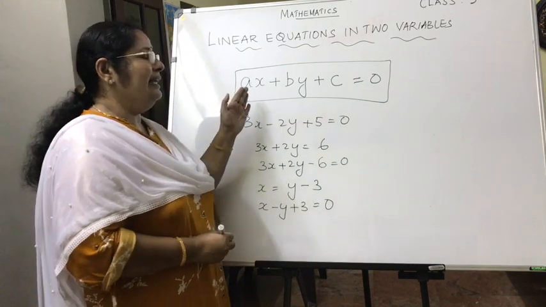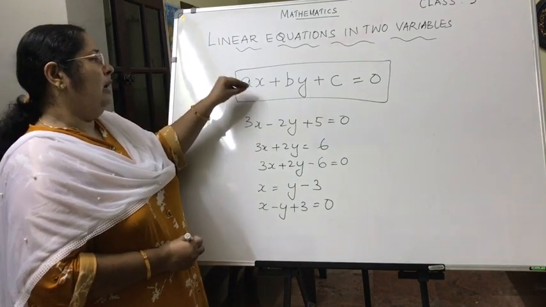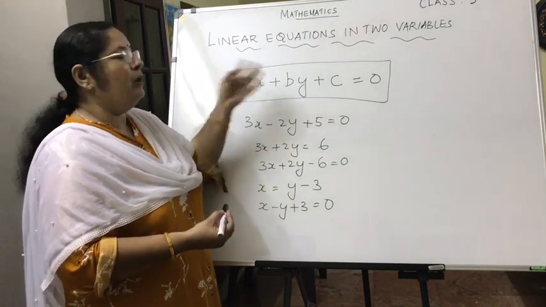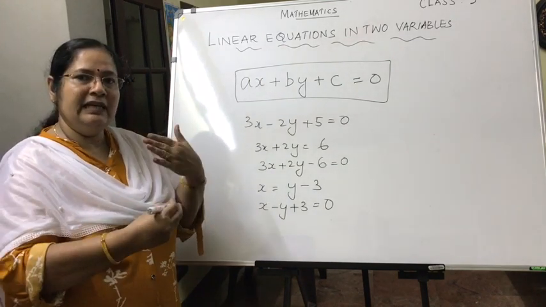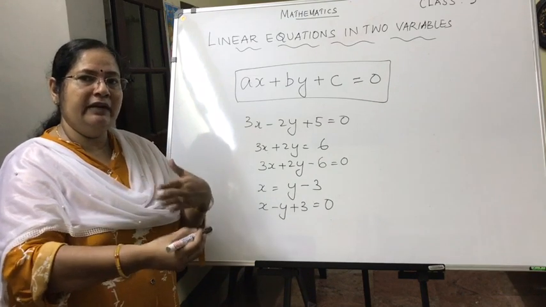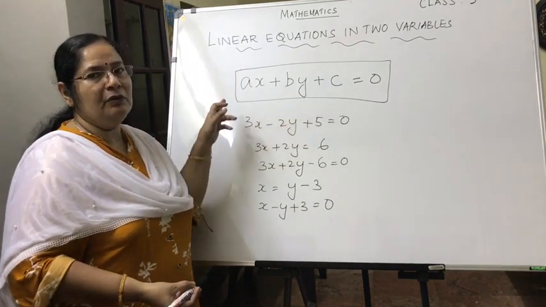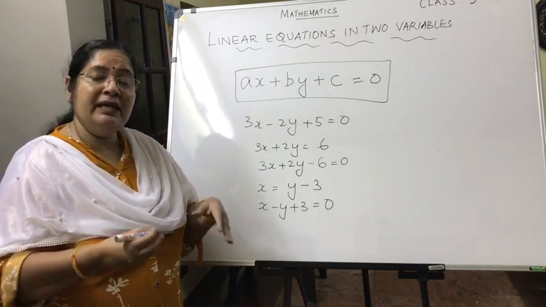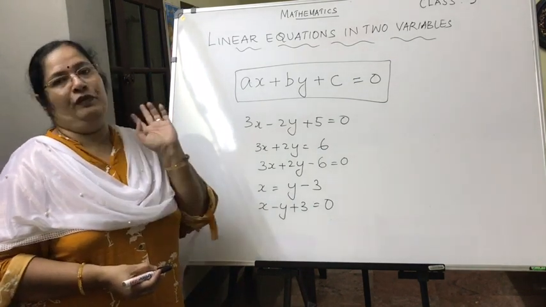But here in a linear equation in two variables, however many values you put for x, you will get a corresponding value for y also. When x is given one value, you get another value for y. When x is given another value, you get another value for y. Same thing when y is given one value, you get another for x. So there are infinitely many solutions for a linear equation in two variables.